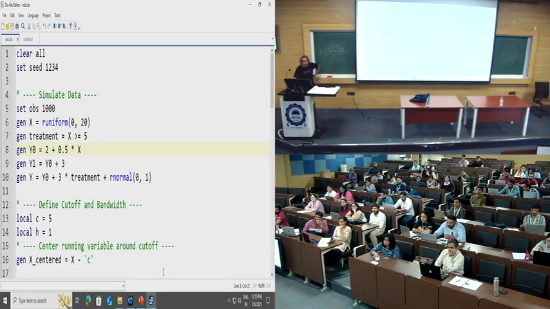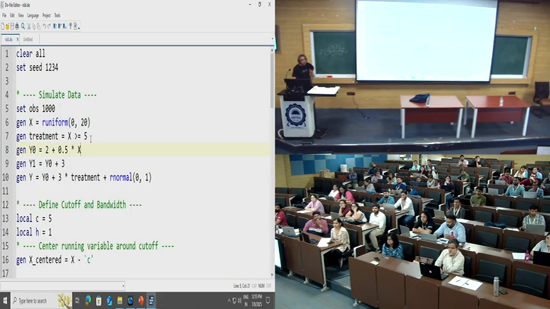Observations 100, I get an x from a uniform distribution 0 to 20, lower limit, upper limit. I create a treatment if x takes the value of 5 and above. Recall my x star. Y0 I create as 2 plus 0.5 times x. Y1 is nothing but Y0 plus 3, right?